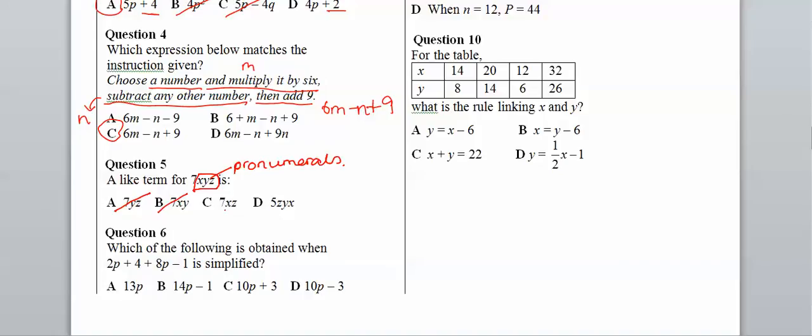C has x and z, but no y, so that also can't be a like term. D is 5zyx. It has all the pronumerals that are in 7xyz, but in different order. We can rearrange this into alphabetical order, so that becomes 5xyz, and we see that the pronumerals here and the pronumerals in our question are the same. So D is the like term.